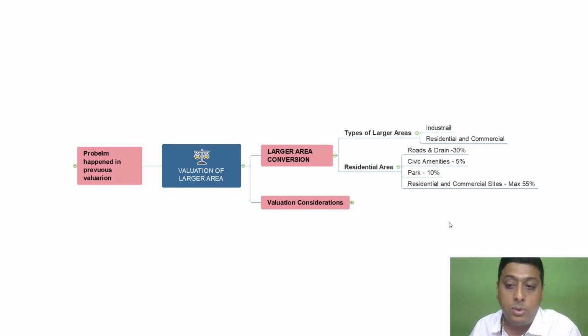So how are they going to do it? If I have 100% area, 30 to 35% is given for roads and drains, 5% for civic amenities, 10% for the park, and another 50 to 55% for the residential and commercial sites.